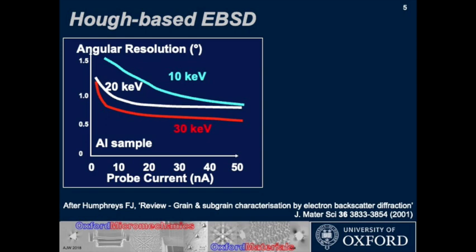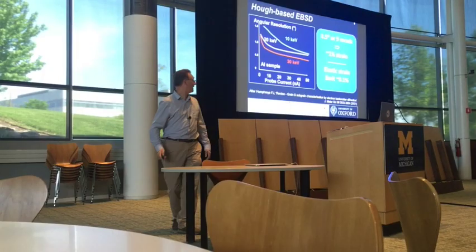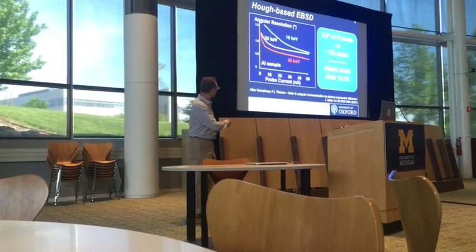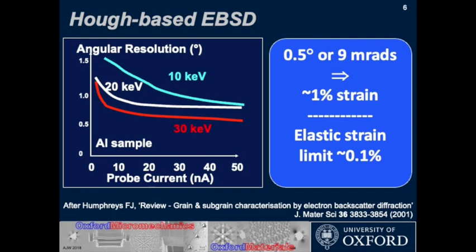We can debate exactly where that limit turns out, but a few tenths of a degree or so is your angular limit. And if you think about that, well, we move away from degrees and over to radians, that's about 10 milliradians or so.